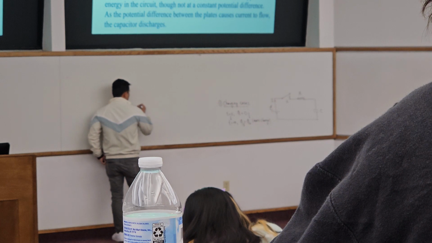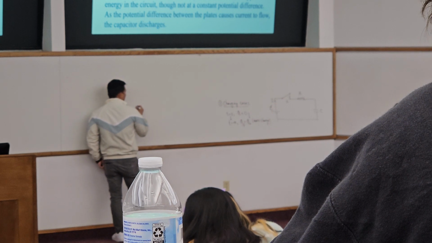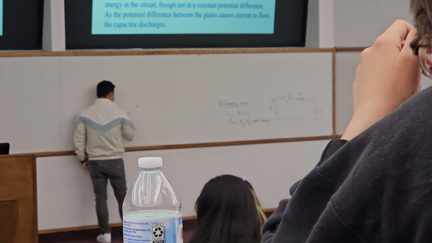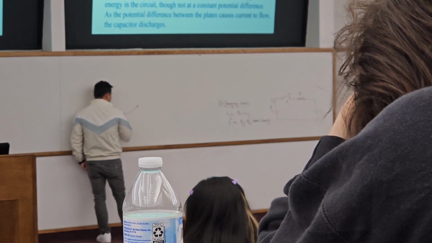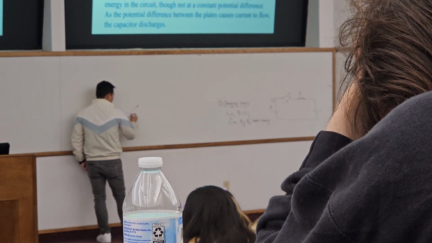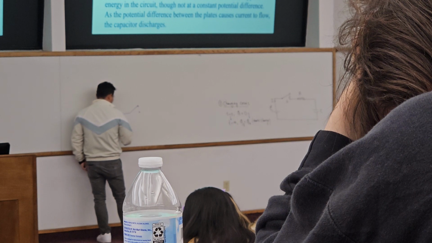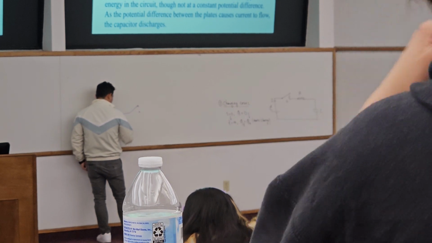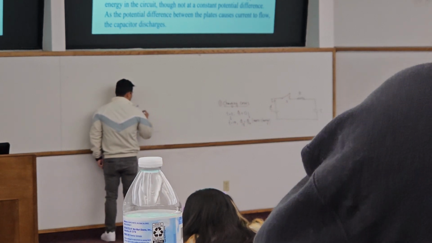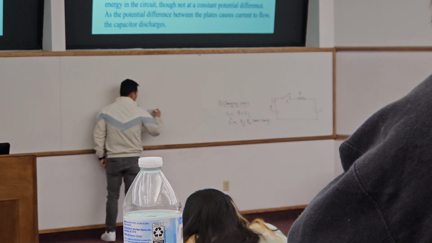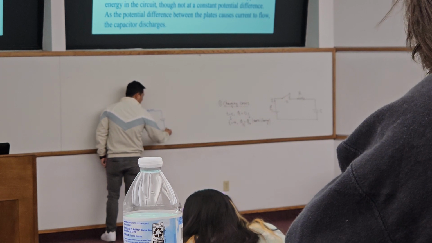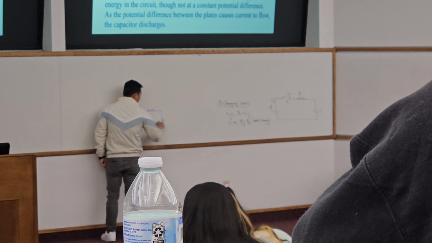Let me draw another diagram. You have the same circuit, but I want to draw the discharging case. You have a battery, a switch, and an R. So exactly the same.